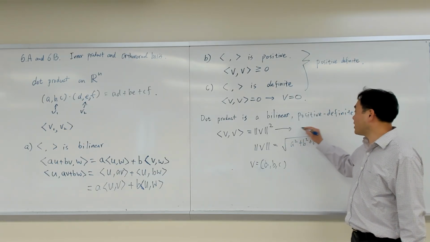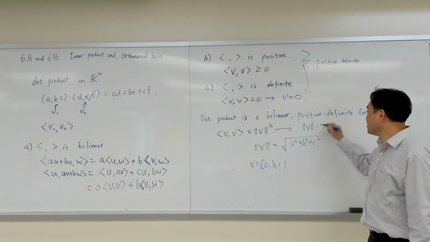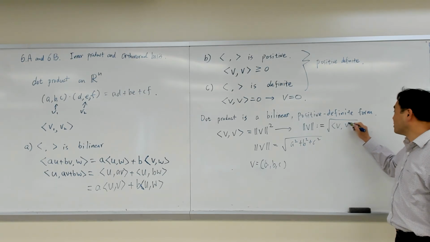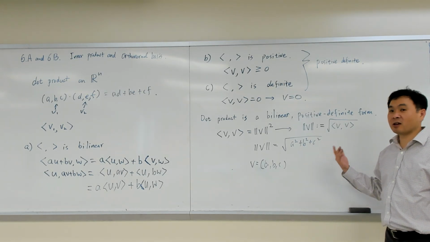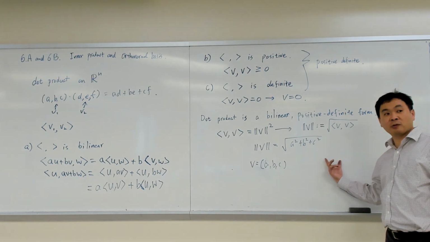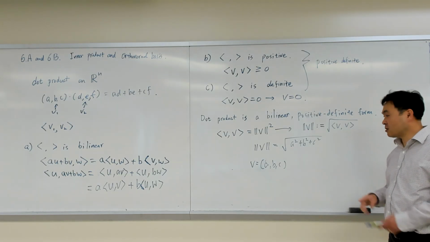So we're going to say norm of V by definition is defined as the square root of this. Okay, so if you have an inner product, let's say you have an inner product space, meaning that it's a vector space equipped with certain formula.